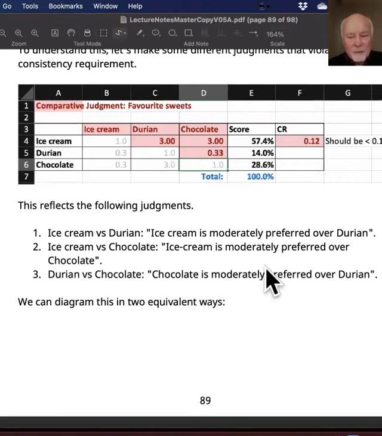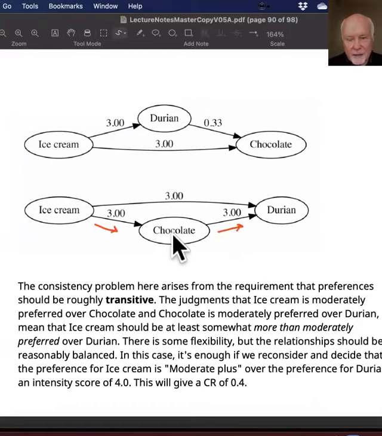Now, what we see when we look at that is we've got a moderate preference here, and here we've got a moderate preference. These two relationships are meant to be logically consistent, to have a property we call transitivity, which in this case just means that the sum of these two should be bigger than 3.